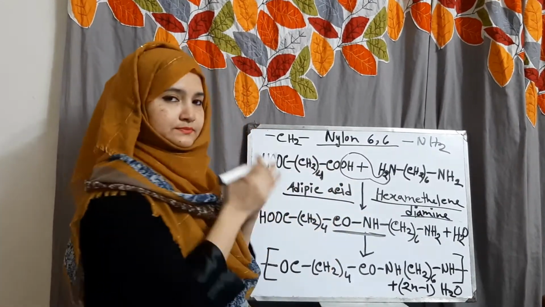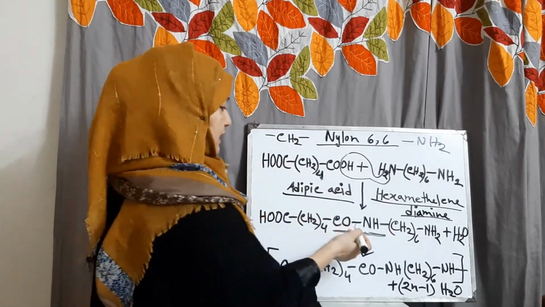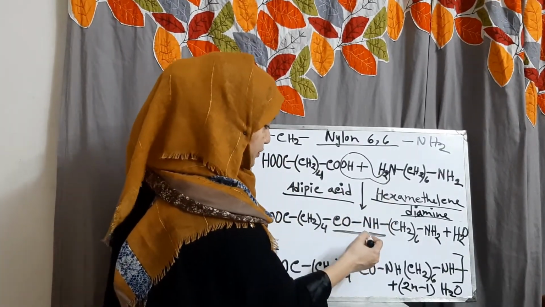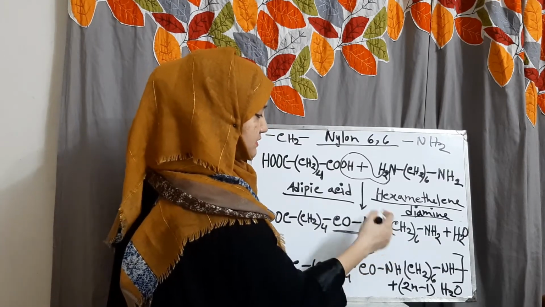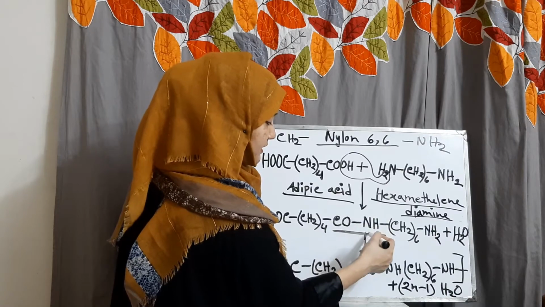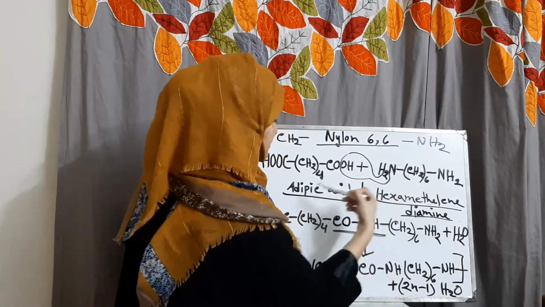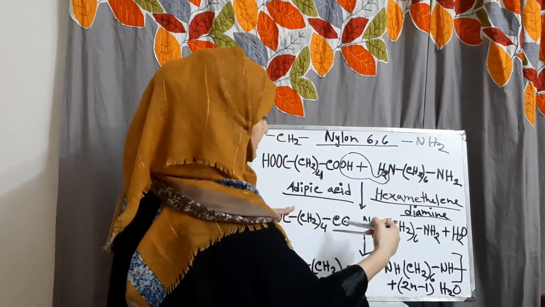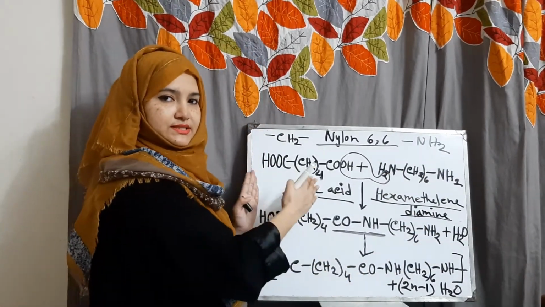This is called a divalent functional group, amide group. Now this product is an amide. Now these two monomers linked up, joined up and produce this. This was step 1.